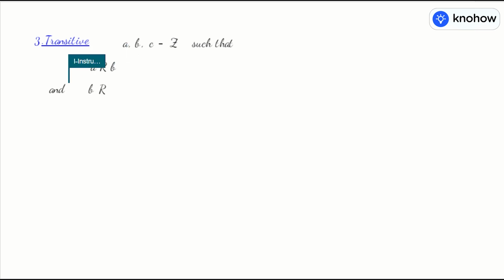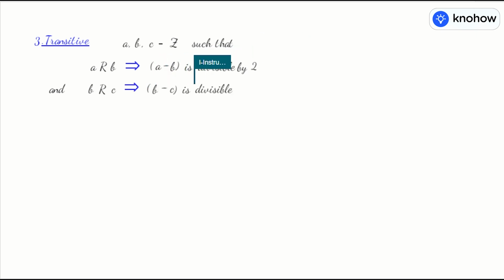If a is related to b, what does this imply? That a minus b is divisible by 2, and b is related to c implies b minus c is also divisible by 2. And you know that if two numbers are separately divisible by 2, so should be their sum.